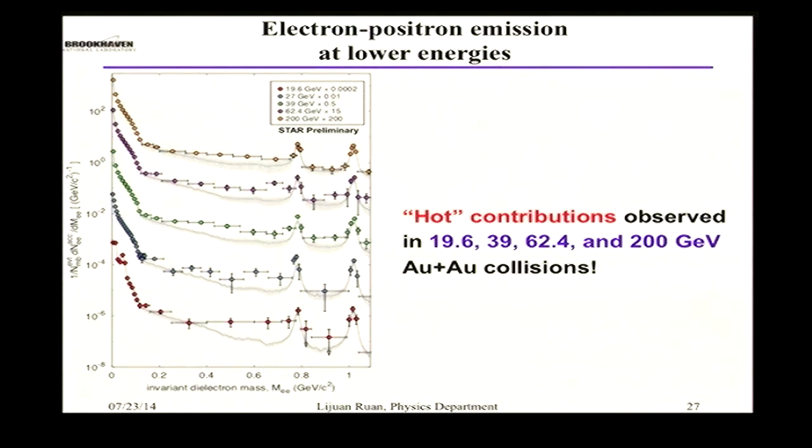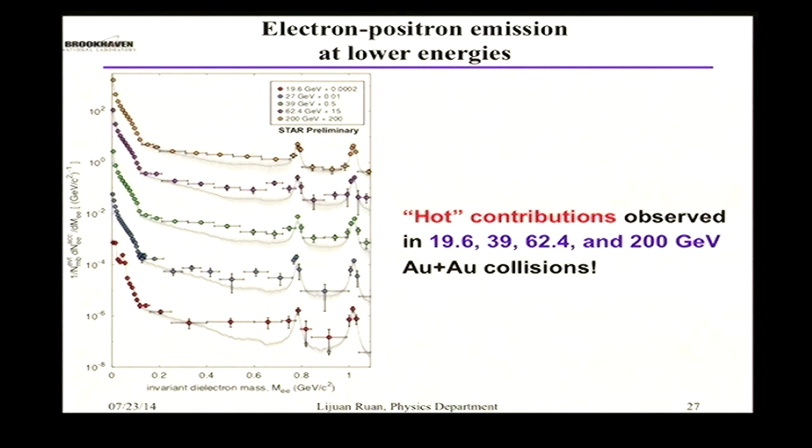Here are the data points for 200 GeV, 62 GeV, 39, 27, and 19.6 GeV. The circles all represent measurements. For each energy, we scaled by a different number so that you can see them clearly. For each energy point, you also see a gray band.